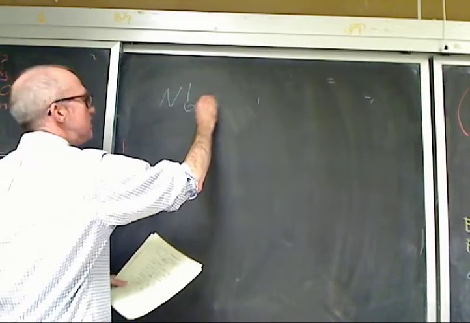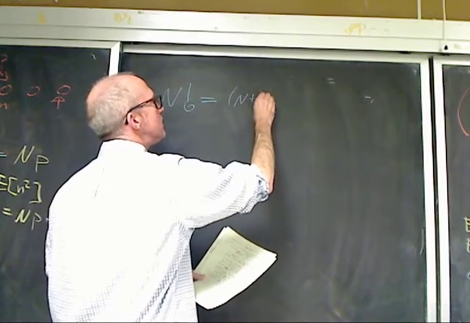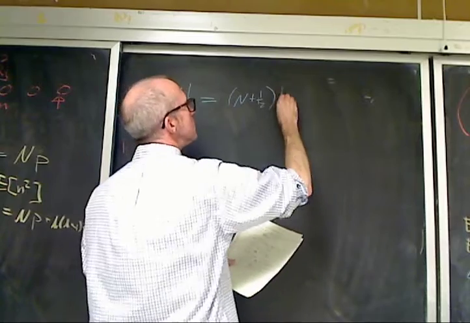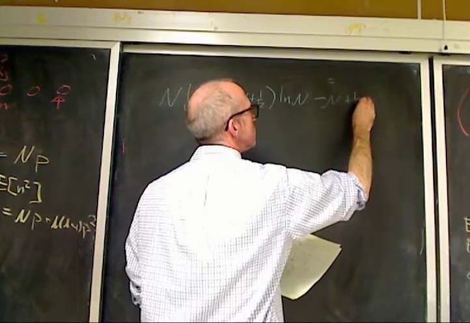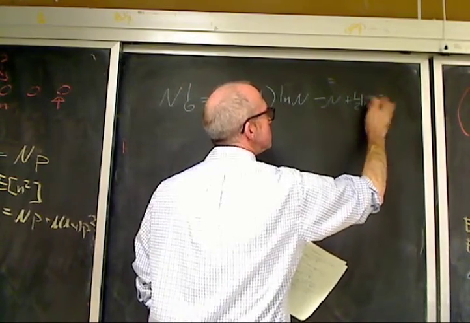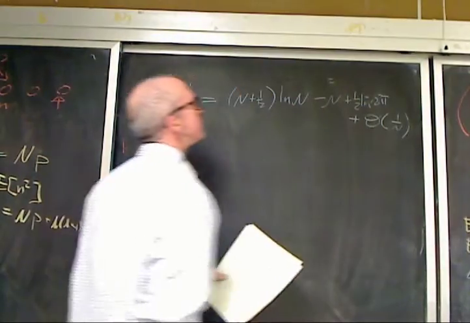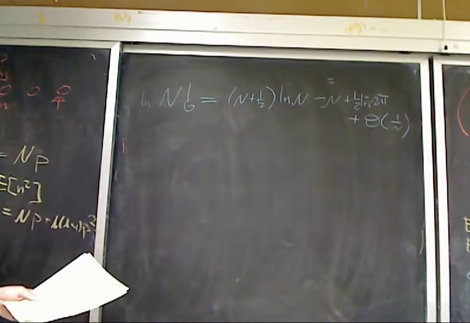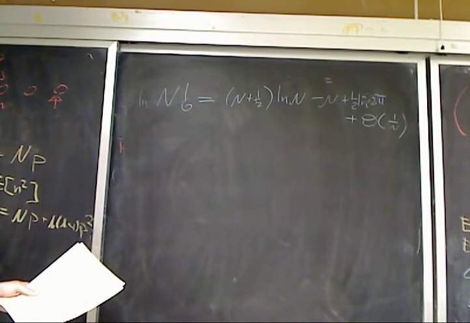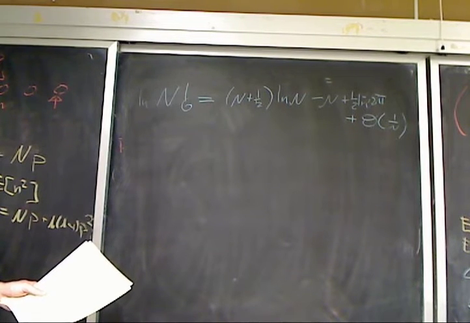The log of n factorial is equal to n plus 1/2 log n minus n plus 1/2 log 2 pi plus things that are order of 1 over n. Equivalently, n factorial is approximately root 2 pi n times n over e to the n.